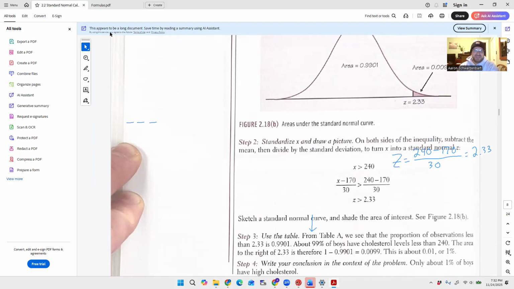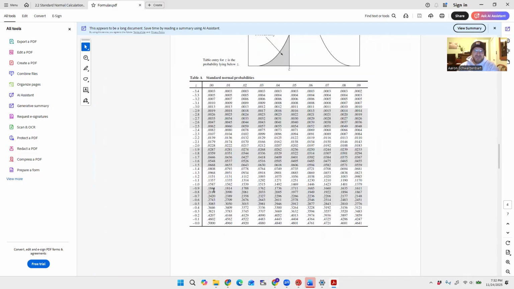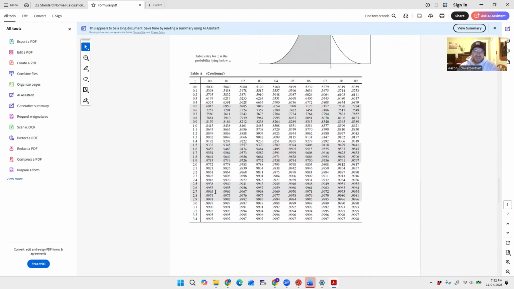Step 3, go to our standard normal table. Or use the calculator, but I like the table. And I need you to learn how to use it. 2.33, 0.9901. Is that the side we want? No, we know we want the high side.